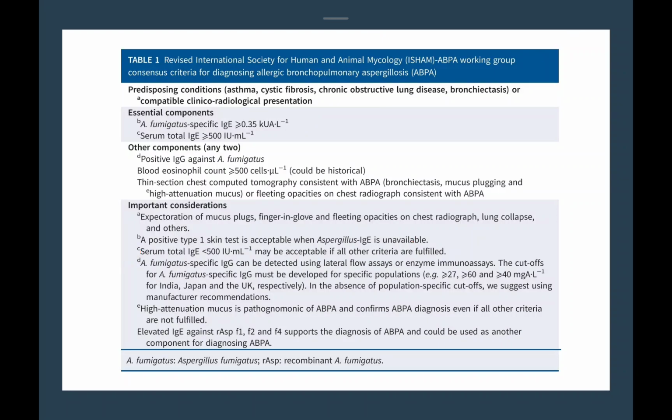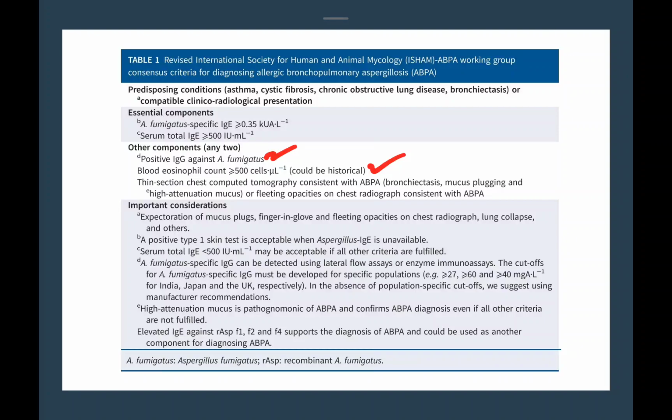So these are the essential components. First predisposing factors, then essential components, and any two of the other components. These are three things. One is positive Aspergillus IgG, that is IgG against Aspergillus. Second, blood eosinophil more than 500. This can be at the presentation, or we can check the previous values if it was more than 500.